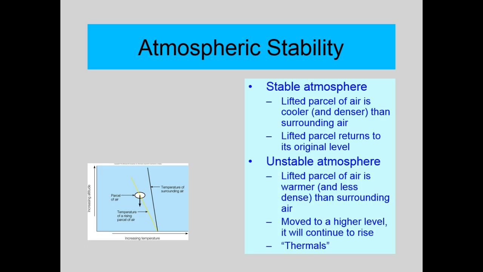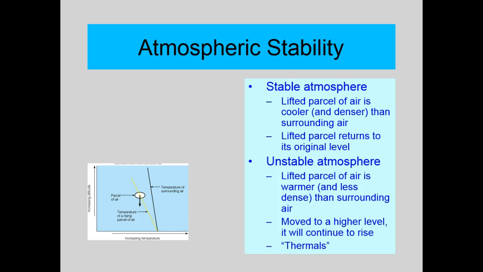Okay? Now, this diagram doesn't do a whole lot for me, but it is showing it right. So here you have a parcel of air. It's on its way up. The parcel of air is cooler than the surrounding air. So here's the temperature of the surrounding air. This parcel of air is cooler than the air over here.